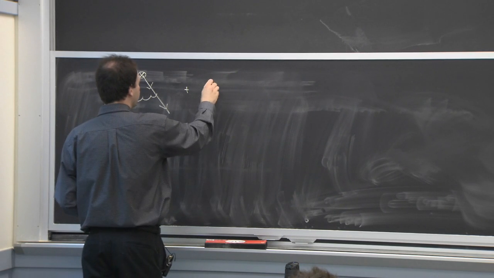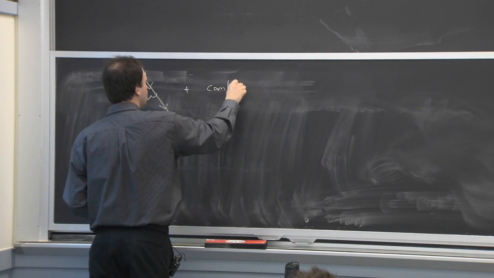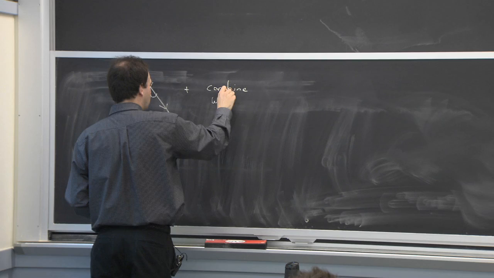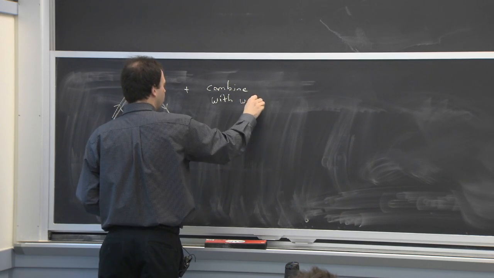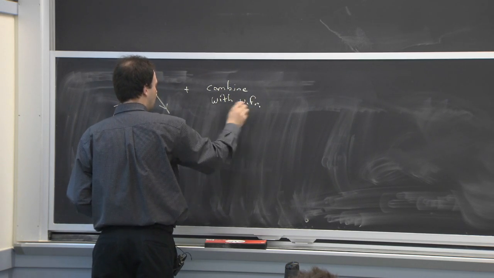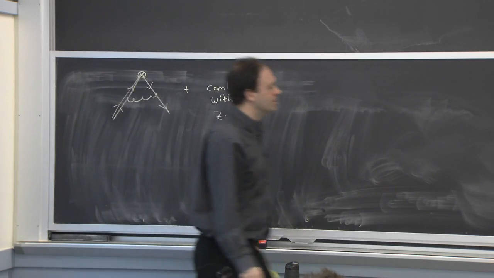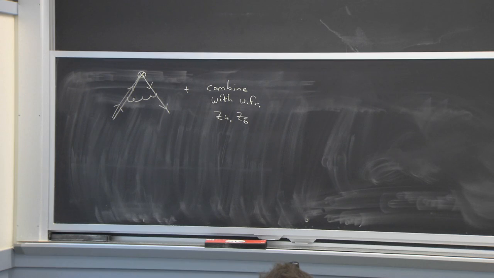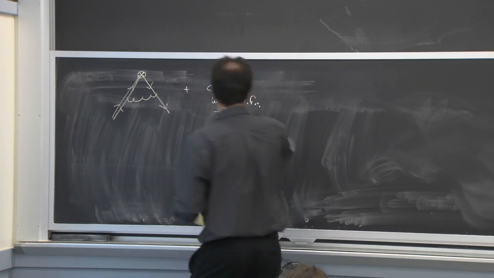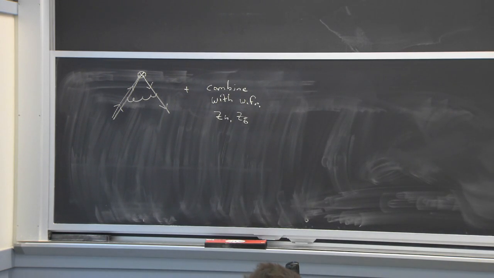And then you combine this calculation with the wave function renormalization, ZH and ZQ. ZQ is the same as Z psi. We should have called this ZQ for a light quark. Combine these things together, and then because that graph is telling you that this counter term, you need ZO.